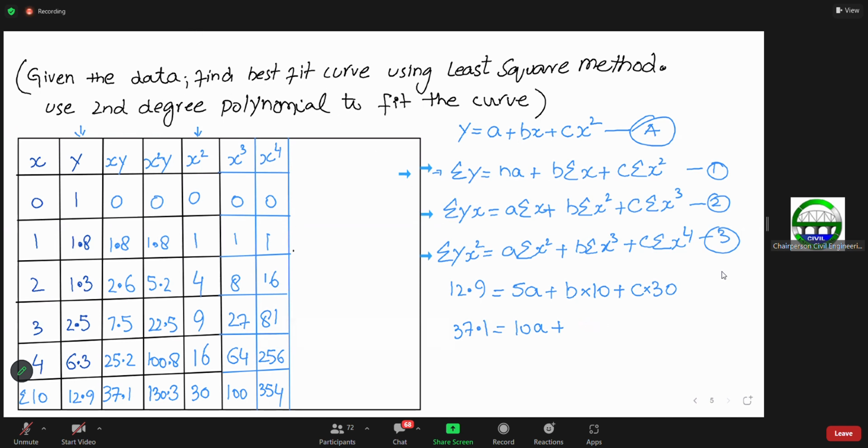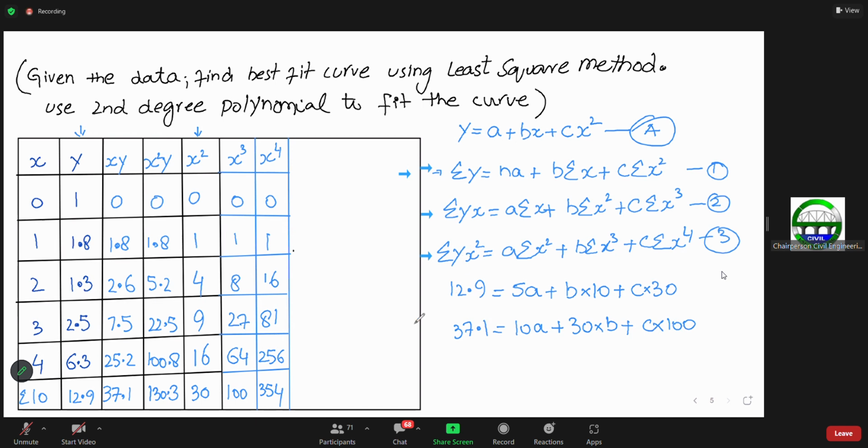This one will be equals to 30 into b, plus c, x cubed is 100, c into 100.